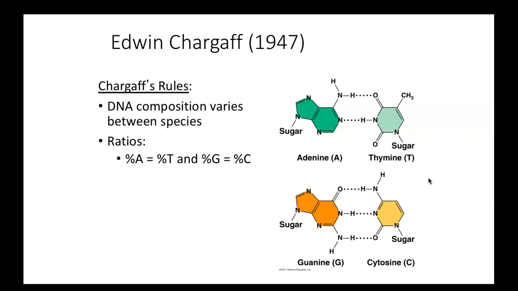And so a nucleotide is made up of a phosphate, a sugar, and a nitrogenous base. Well, these are the four options for that nitrogenous base. Depending on that nitrogenous base that's there, that gives DNA its code.